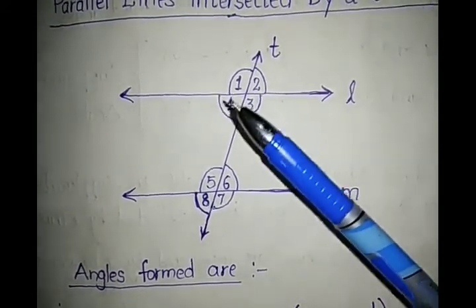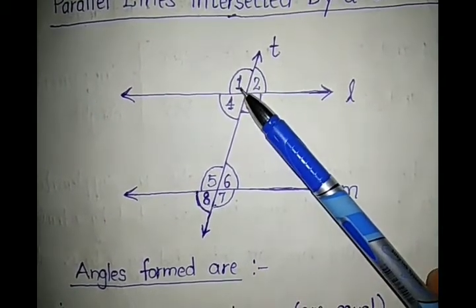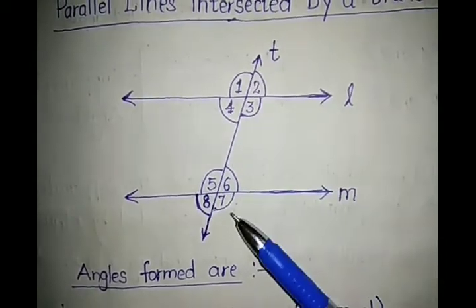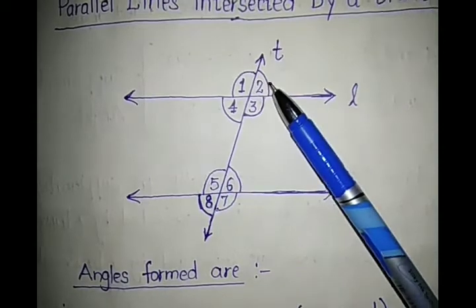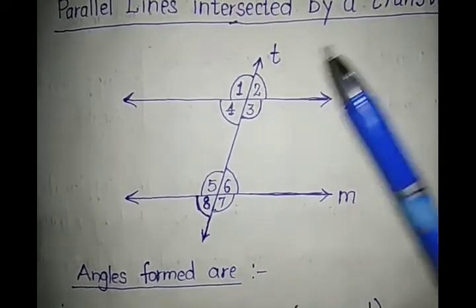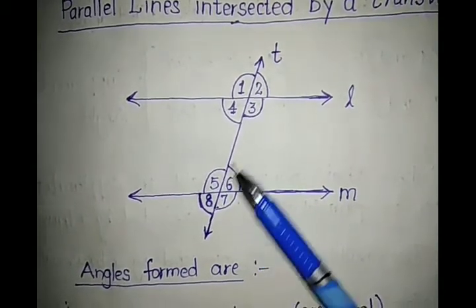Now also angle 1 and angle 7. These angles are called alternate exterior angles. And angle 2 and angle 8 are also alternate exterior angles.